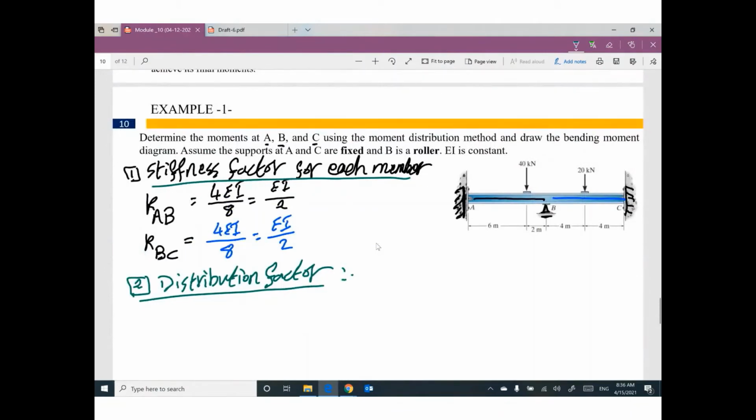Do you like distribution factor at A or at B or at C? Any answer? Do you need distribution factor at point A? Or do you need distribution factor at point B? Or do you need distribution factor at point C? Or all of them? What do you think? I need an answer. A or B or C or all of them. Any answer?